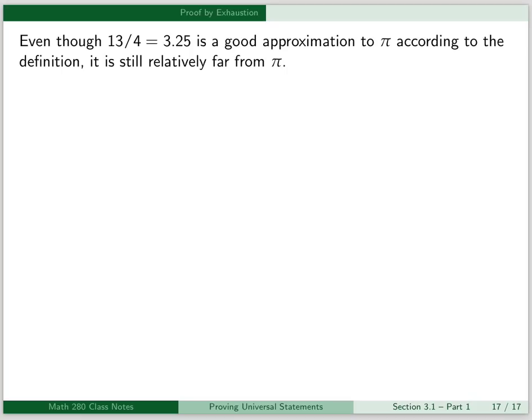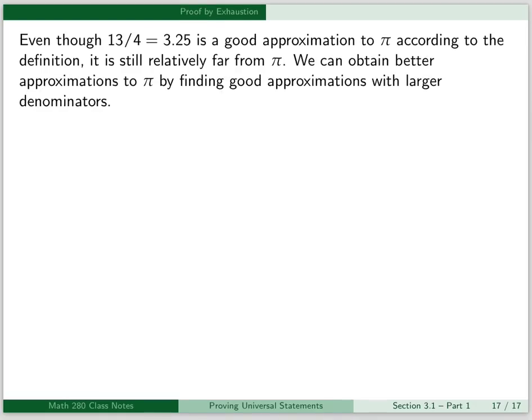Now, even though 13/4, which is 3.25, is a good approximation to pi, according to the definition, it is still relatively far from pi. We can obtain better approximations to pi by finding good approximations with larger denominators.